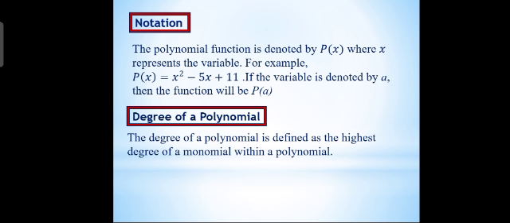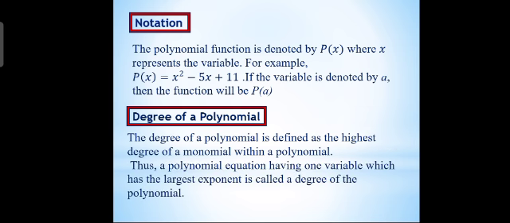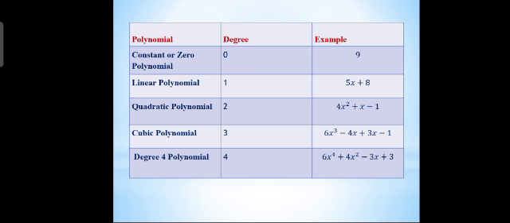And in the third term, x is missing. It means that x raised to power 0. So in these three terms, the highest exponent is 2. So 2 is the degree of this polynomial. Thus a polynomial equation having one variable which has the largest exponent is called a degree of the polynomial.